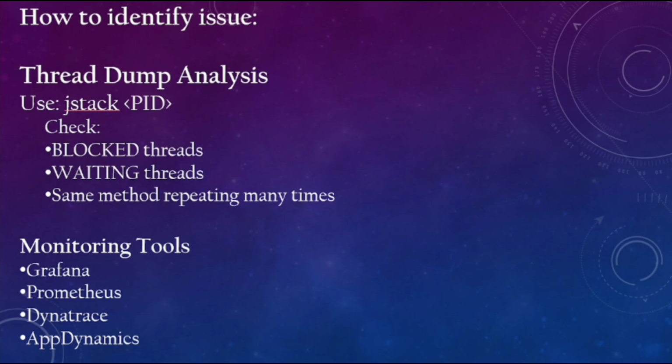In real production environments, companies also use monitoring tools like Grafana, Prometheus, Dynatrace, AppDynamics. These tools help monitor active thread count, response time, JVM health, and stuck requests. So, instead of randomly restarting the applications, the production team first analyzes thread behavior properly.